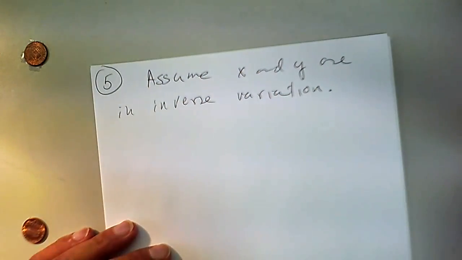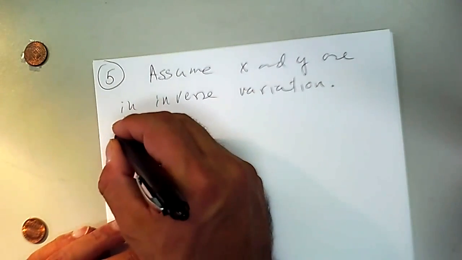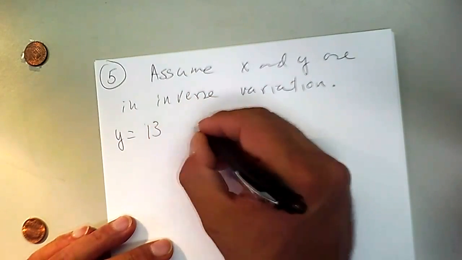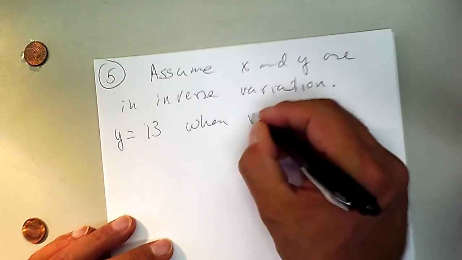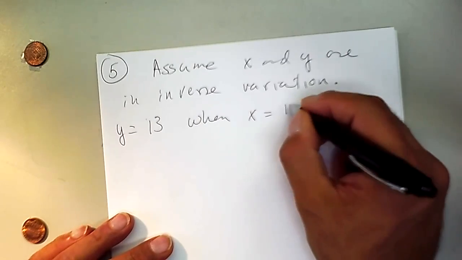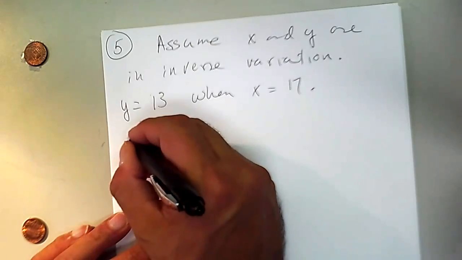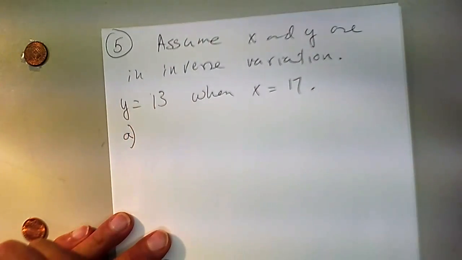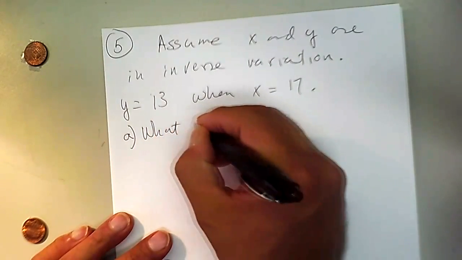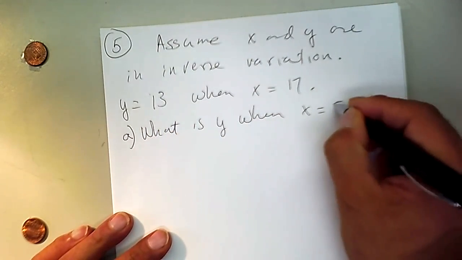Y is equal to 13 when X is equal to 17. Okay. So let's think of an easy question to ask. What would be an easy question to ask? Okay. What is Y when X equals 51, for instance?